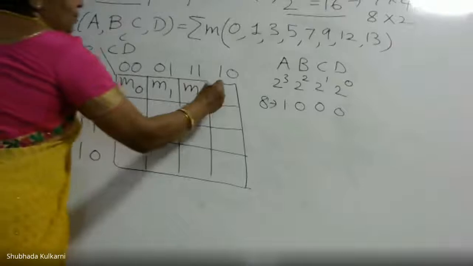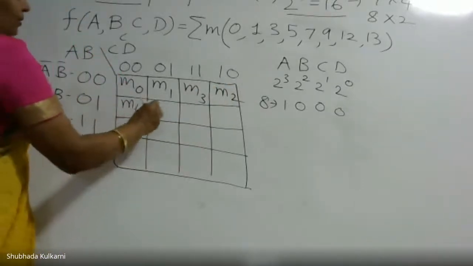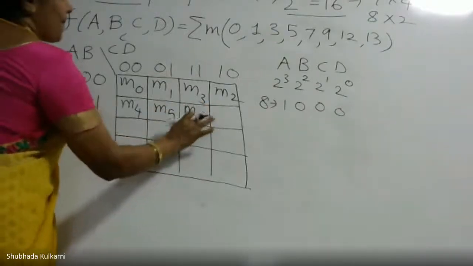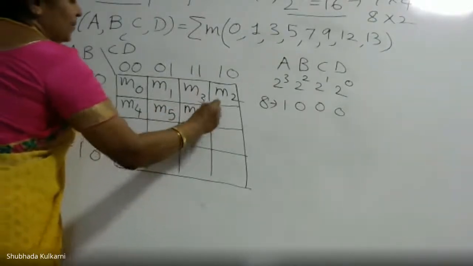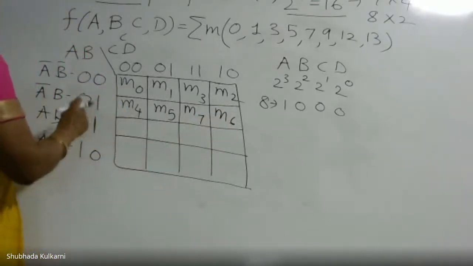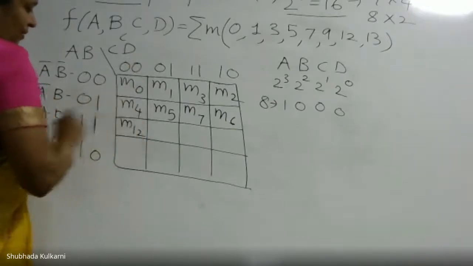Now this is M2. Next, M4, M5, M7, M6. Then, very careful, AB is 1 1 and CD is 0 0. So this is M12.